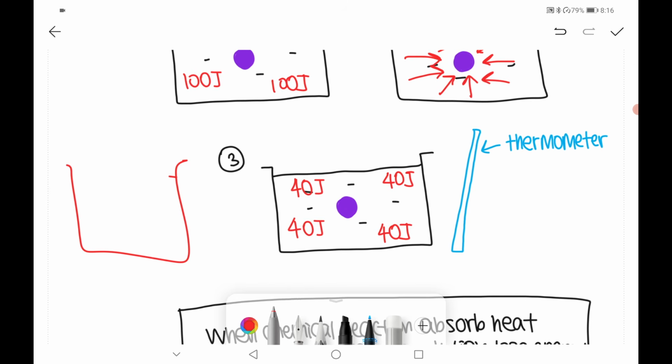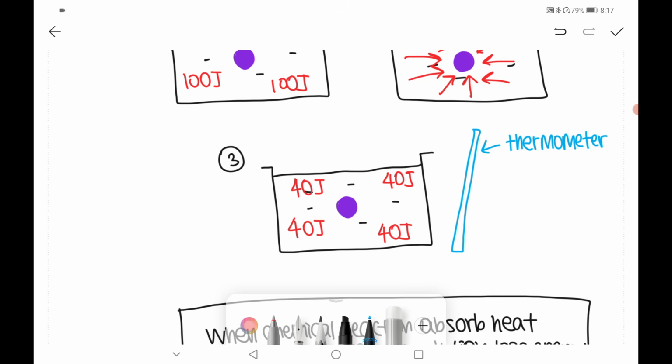Imagine initially outside here has 100 joule. If this chemical substance absorbs 60 joule, just assume, so 60 joule goes into the particle. So outside here, how many left? 100 joule minus 60 joule absorbed by the chemical substance, so 100 minus 60 still left 40. That's what you need to know.